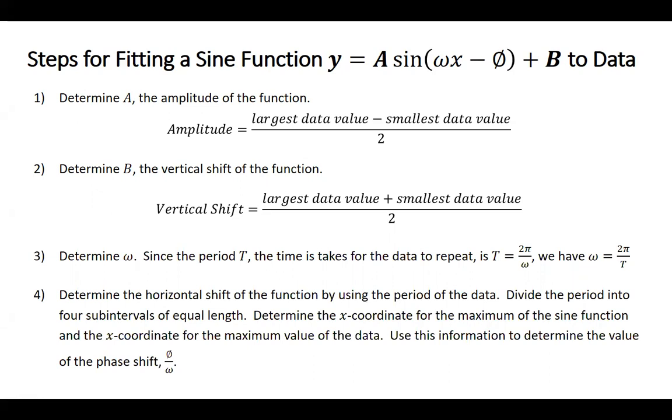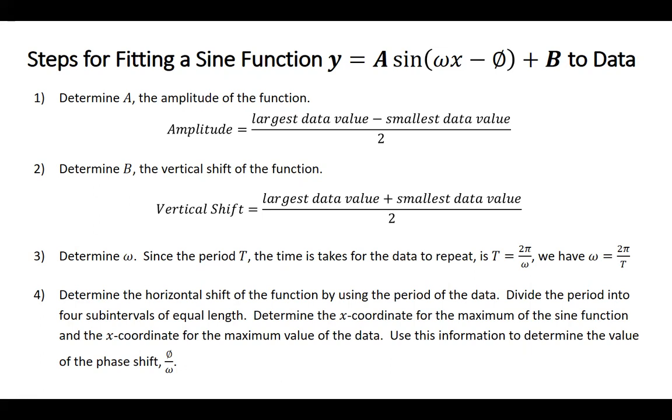Then determine the horizontal shift of the function by using the period of the data. Divide the period into 4 subintervals of equal length. Determine the x-coordinate for the maximum of the sine function and the x-coordinate for the maximum value of the data. Use this information to determine the value of the phase shift. So we have the x-coordinate for the maximum of the sine function. Where should that be in this period? And the x-coordinate for the maximum value of the data.